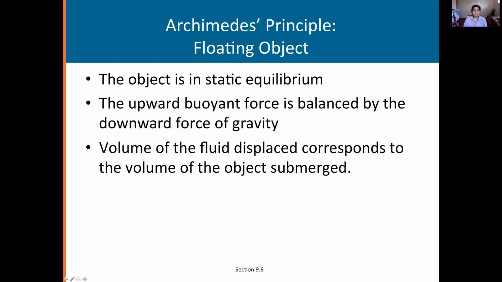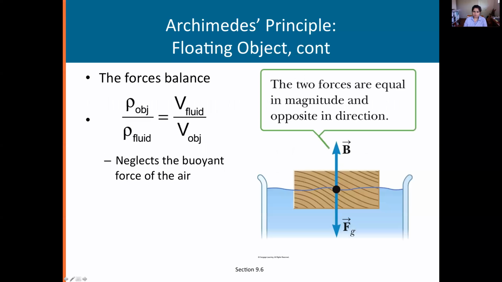The volume of the fluid displaced corresponds to the volume of the object submerged. So here's my object, it is partially submerged, and this is the volume of the fluid that is displaced, the volume of the object which is submerged. That's my V fluid.